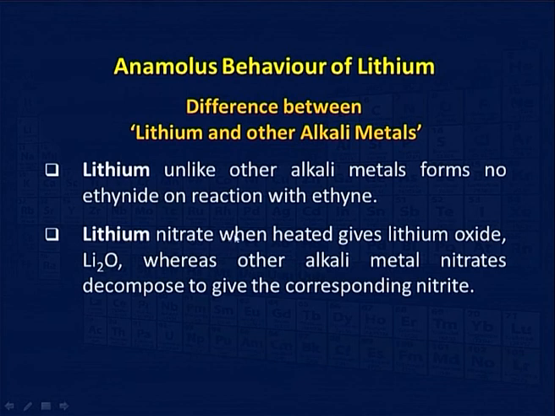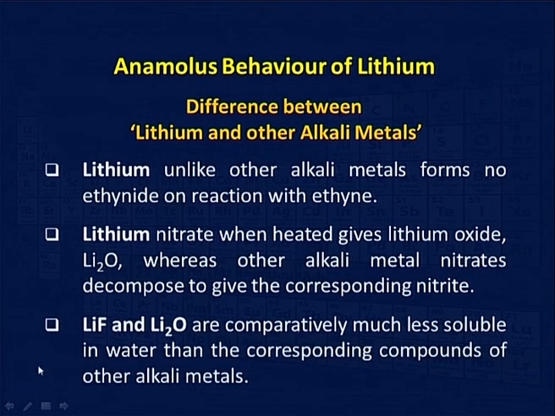Lithium nitrate when heated gives lithium oxide, whereas other alkali metal nitrates decompose to give the corresponding nitrite. That is, if you heat NaNO3, we get NaNO2, whereas lithium does not behave in that way. Lithium fluoride and lithium oxide are comparatively much less soluble in water than the corresponding compounds of other alkali metals.